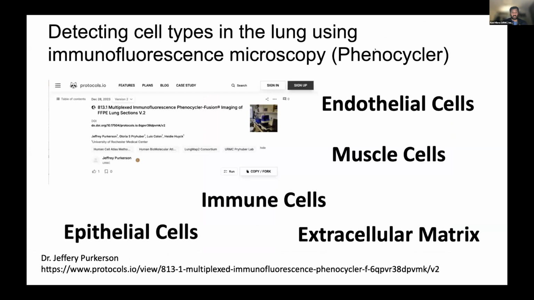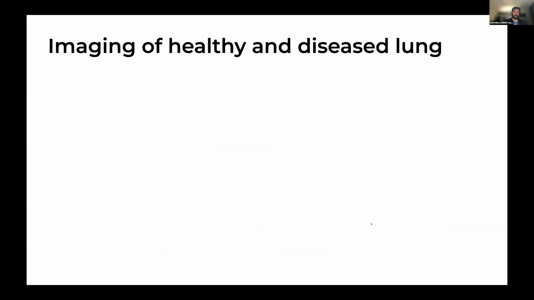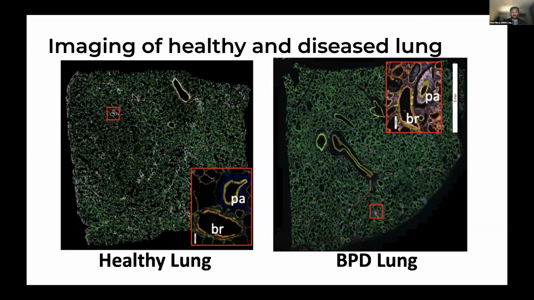Using the PhenoCycler, Dr. Jeff Perkerson, another research associate professor in our group, generated an OMAP, and now we're up to over 45 different antibodies that allow us to get into subtypes of a variety of different cells, and also to map out the extracellular matrix and the thickening of it.